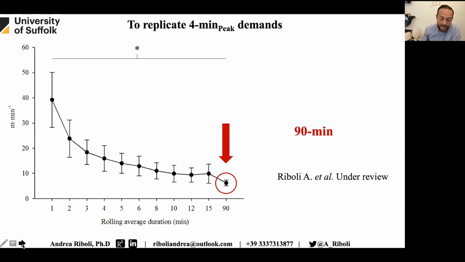So we decided to investigate also the area per player to replicate not only the 90-minute average, but also the 4-minute peak, so the most demanding passage of match play across a similar duration. So we compared the 4-minute peak during the matches with the intensity of small-sided games, with the aim to suggest the area per player to replicate the 4-minute peak using small-sided games.